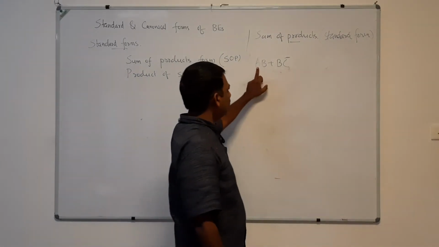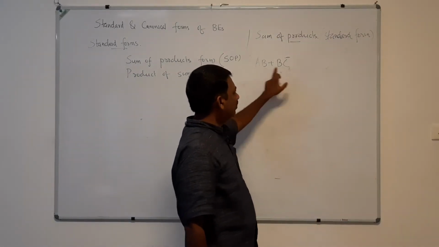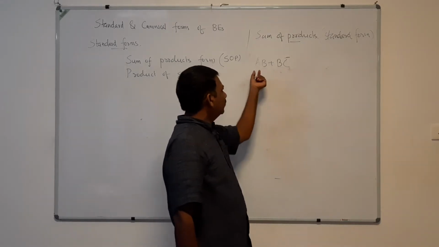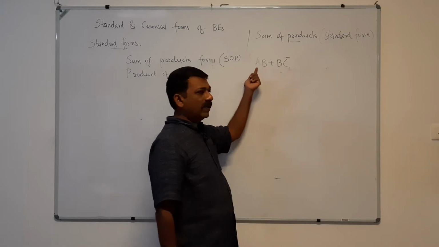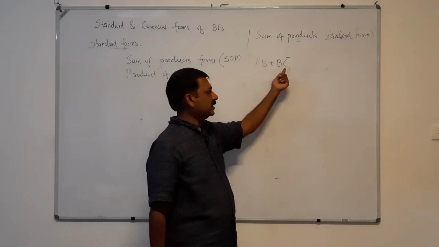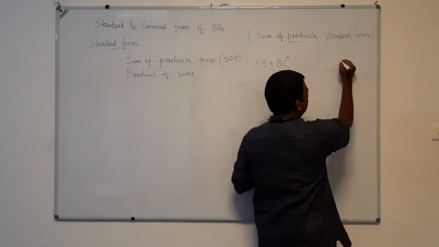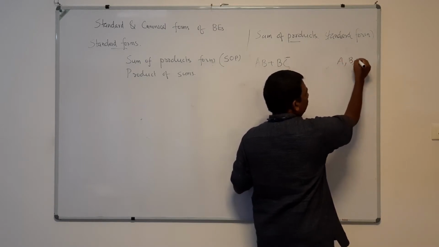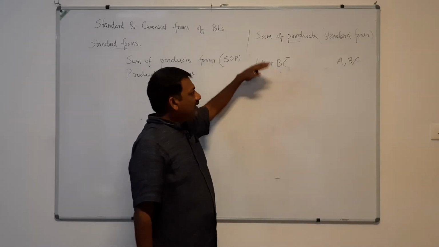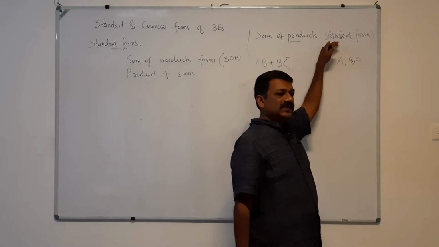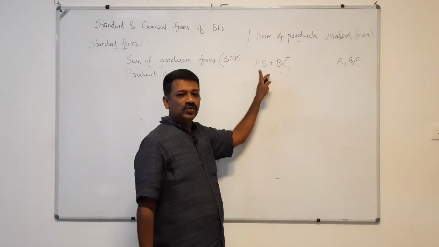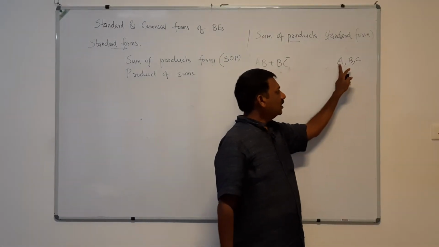Here how many variables are there? A is a variable, B is a variable, C is a variable, and A bar is the complement of A, B bar is the complement of B, and C bar is the complement of C. Now you have three variables A, B and C. Now in the standard form, every term of the product should have either A or A bar, B or B bar, or C or C bar.